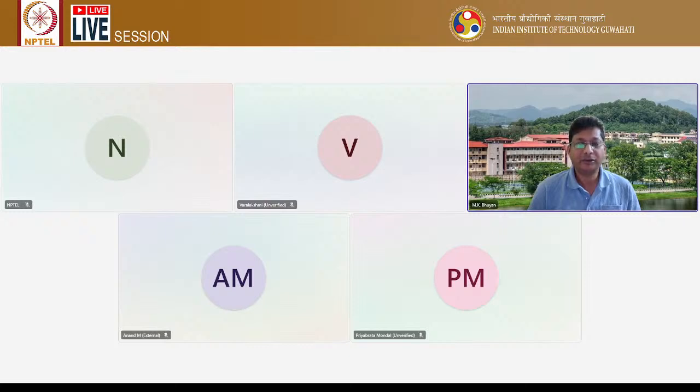And what are the problems of finding stereo correspondence? Stereo correspondence means the matching of the left and the right image. So how to find the correspondence between the left image and the right image? That point is also important.